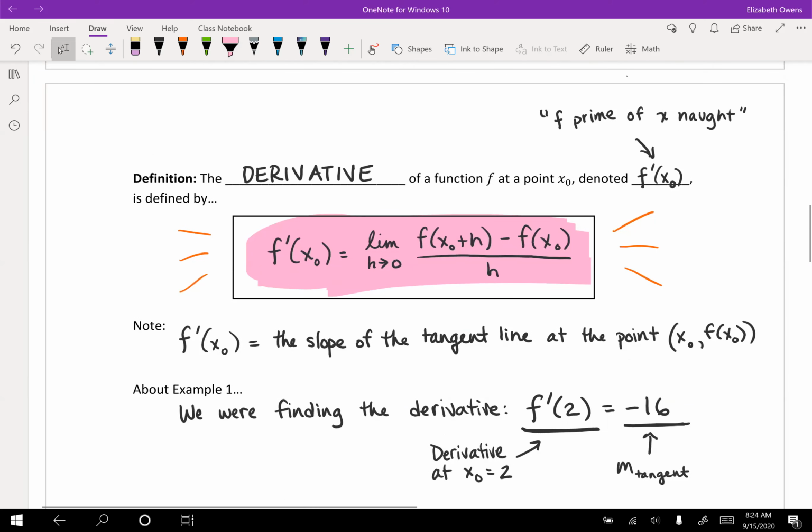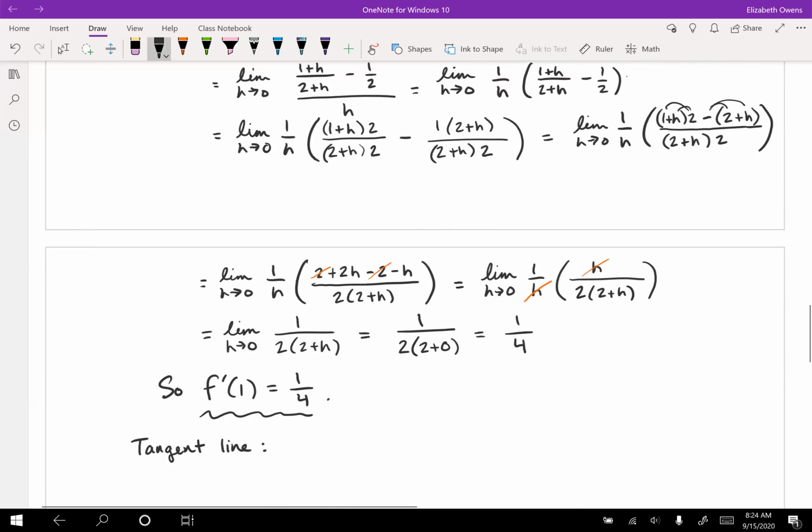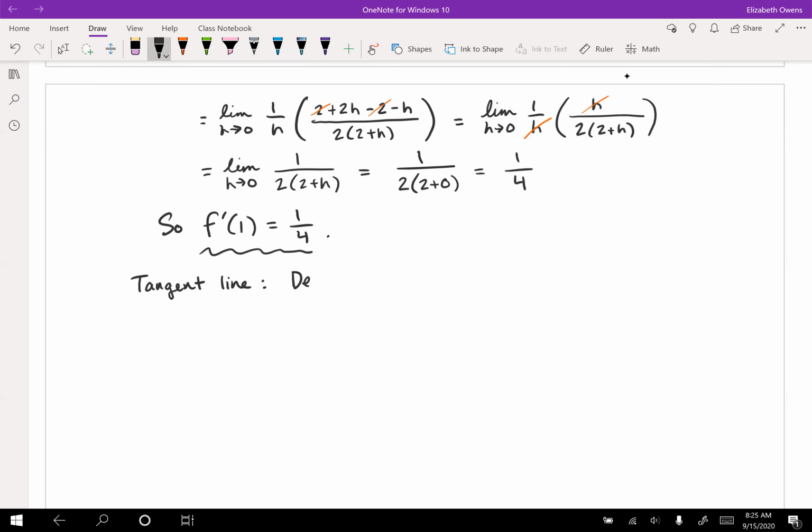All right. So the fact that we just found the derivative, f prime of 1, that's giving us the slope of the tangent line at 1. So that is pretty cool. So derivative at a point gives you the slope of the tangent line at that point.